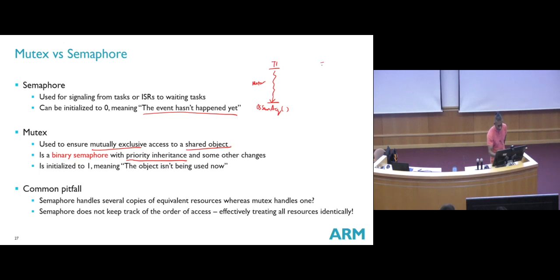Then when task 2 is running, at some point it triggers the sensor, and when it does, I call osSemaphoreRelease. When the semaphore is released, whoever is waiting for it will be unblocked, correct? This allows the OS to signal task 1 that this event has happened: the sensor has been triggered. So task 1, which was originally blocked, is now unblocked and can continue.